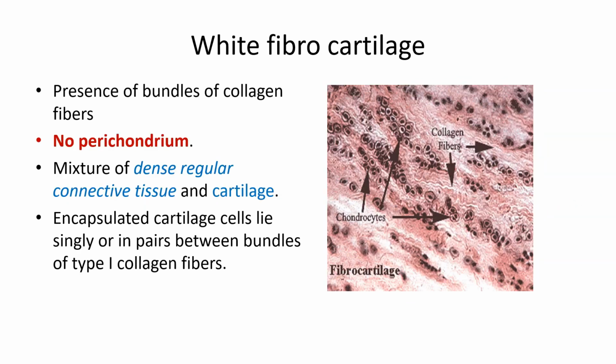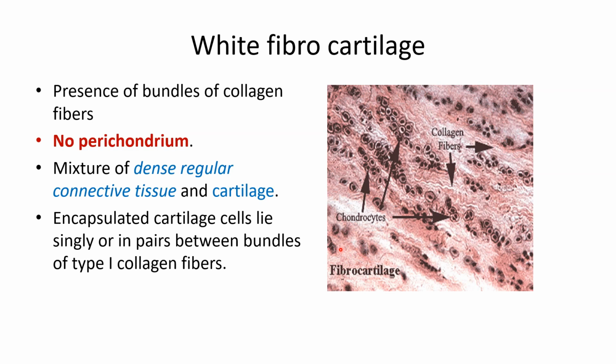See the picture, you are seeing bundles of collagen fibers, and in between them the cartilage cells arranged in a row. That is what you are seeing, and there is an absence of perichondrium. That is one feature. You have not seen the perichondrium in this picture.